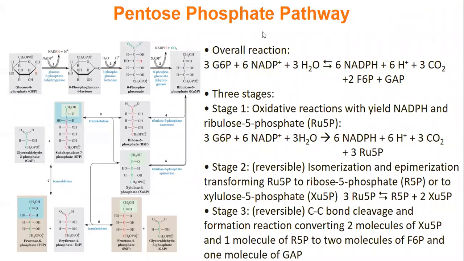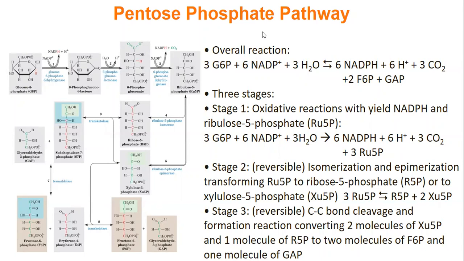So on Tuesday, we looked at the metabolism of other sugars and how they find themselves going into metabolism. Then we started talking about the pentose phosphate pathway, and we stopped with just an overall view of the pentose phosphate pathway.